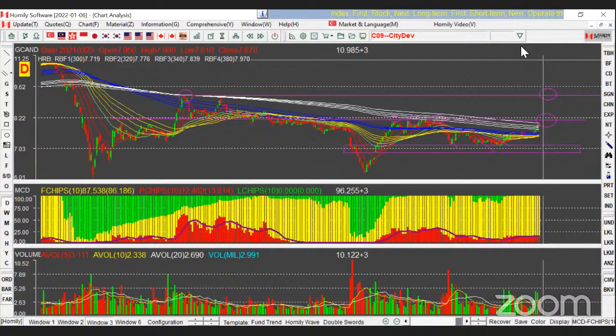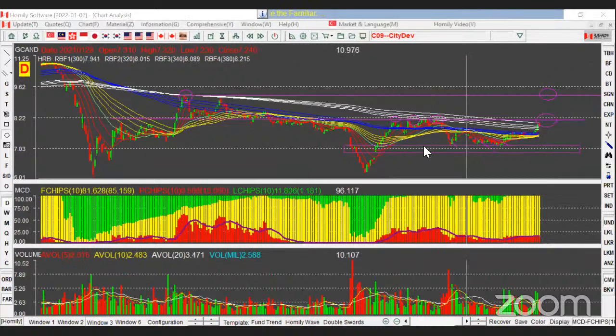The criteria will be the same. Indicators will be the same. You just apply the methods, the criteria I'm sharing with you now, to any other market, US or Hong Kong or Malaysia.